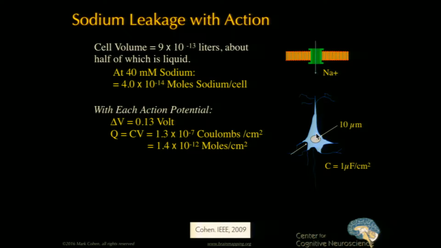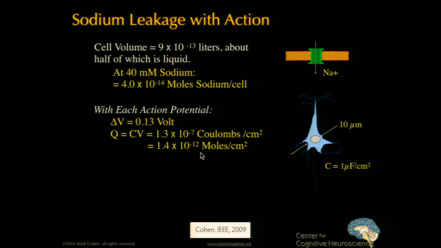A capacitor is simply an electronic device which separates charge by having an insulator, and the membrane is an insulator in here. In order to change the voltage across a capacitor, you have to put more charge in. And so you can calculate how much charge had to move into the neuron in order to get that action potential.